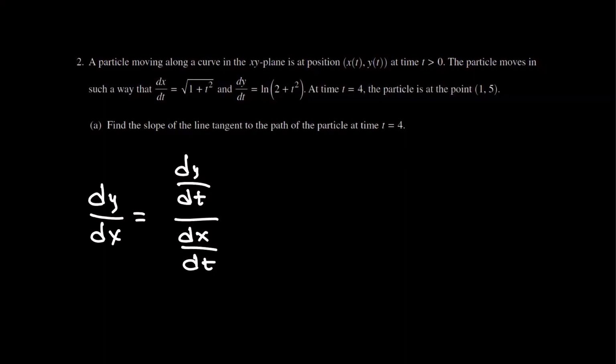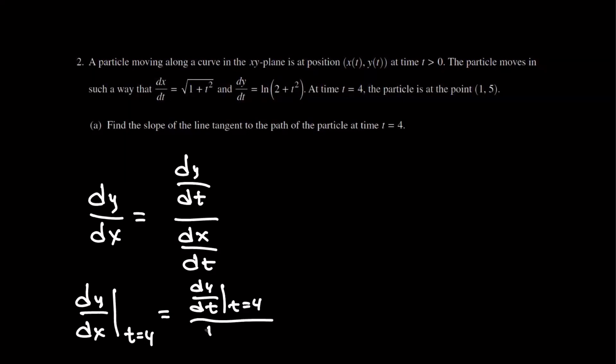We need to plug in the values for t equals 4 into the expressions for dy/dt and dx/dt and calculate that. So dy over dx at t equals 4 is equal to dy over dt at t equals 4 over dx over dt at t equals 4.